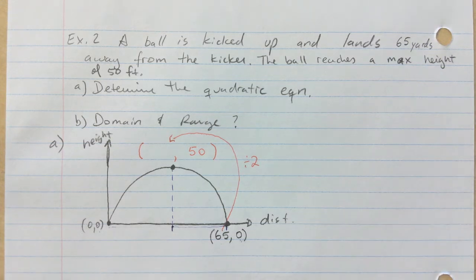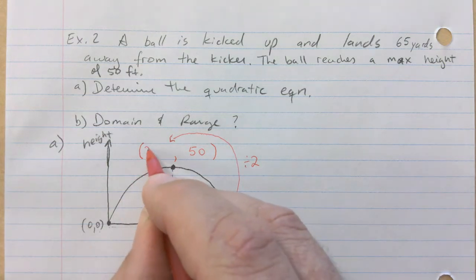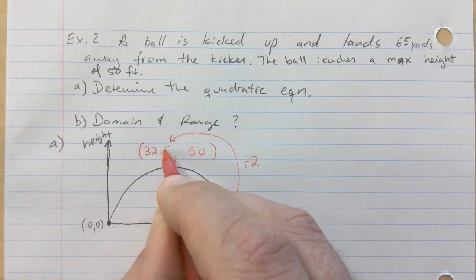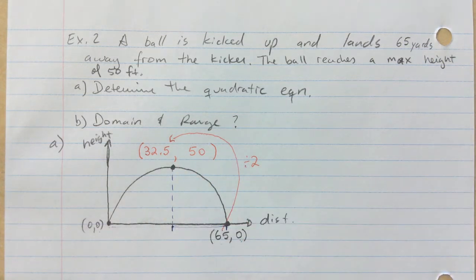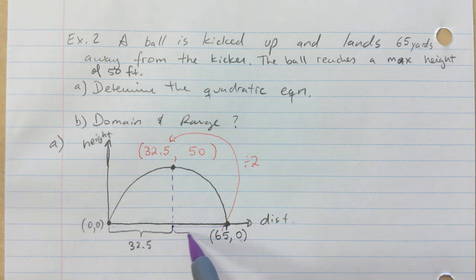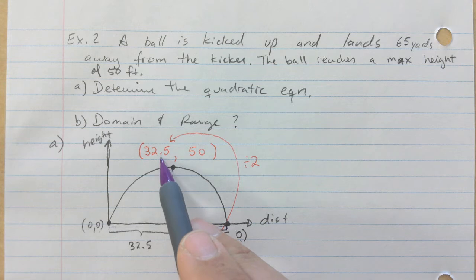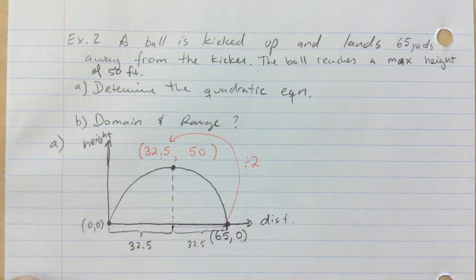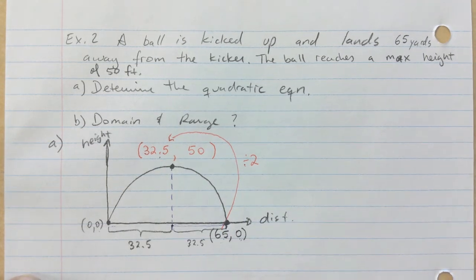So you get 32.5. So what you basically just found here is that it takes 32.5, and it will take another 32.5 here, right? It's 65 in total. So dividing it by 2 gets you half of the time, which is where the vertex would be located. Okay.